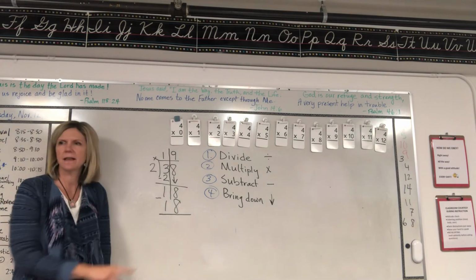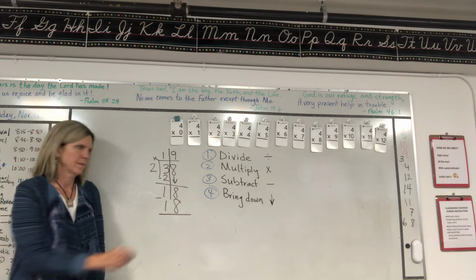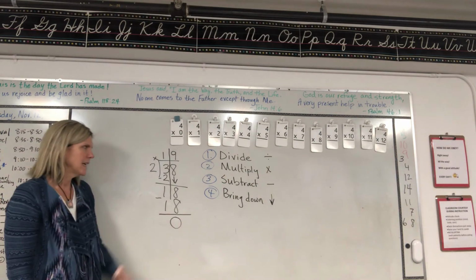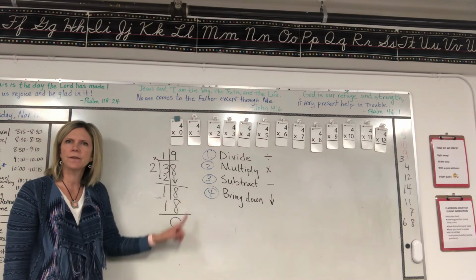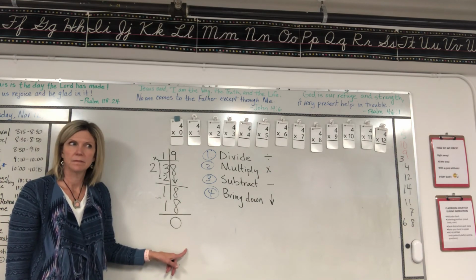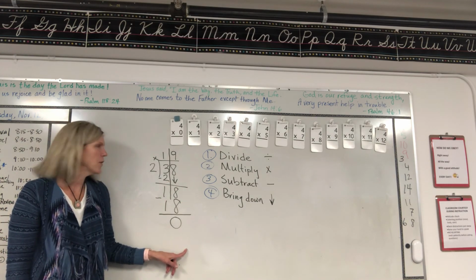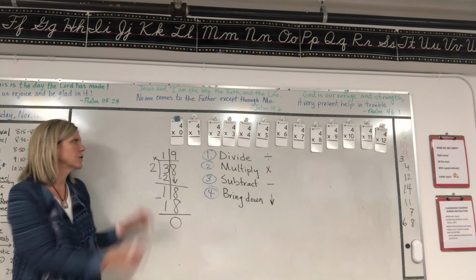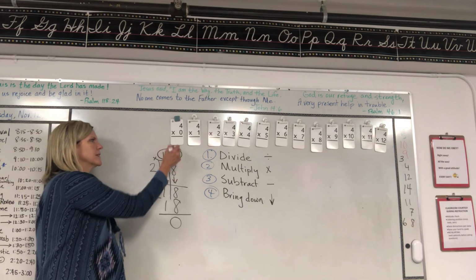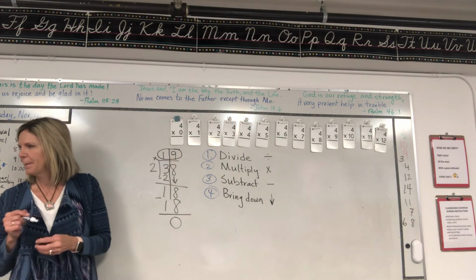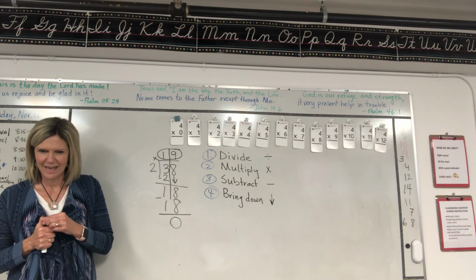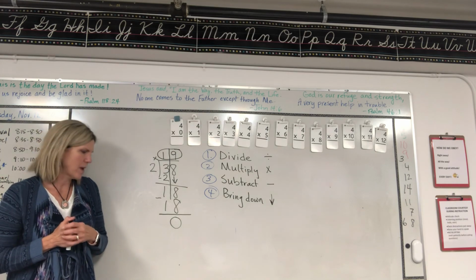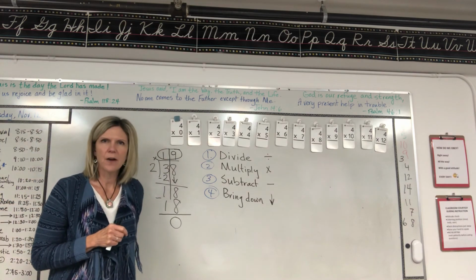What's 18 minus 18? 0. Is there anything else? Are there any other numbers to bring down? Say it loud. No, there's no more numbers. There's 0 remainder. There's nothing left over. So our answer, our quotient, is what, everyone? 19.